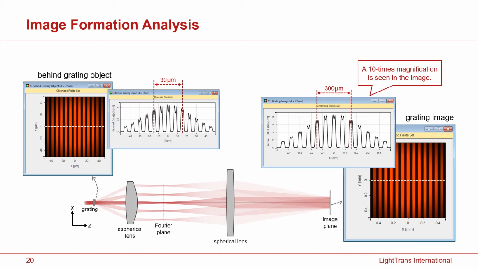I get the image behind the grating object, and I get the grating image at the end, and I can make a profile line on each 2D image. I can extract the result and analyze it in detail. In this case, I just make a distance measurement, and you can see the magnification is 10 times according to my design.